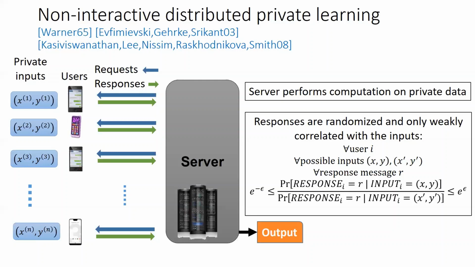Formally, for any two different inputs of a user, and any possible message that this user can send, the ratio between the probability to send this message given one input and the probability to send it given the other input is bounded by e to the power of epsilon, where epsilon is a parameter that will be constant in this talk.